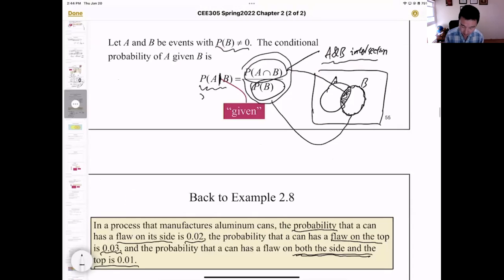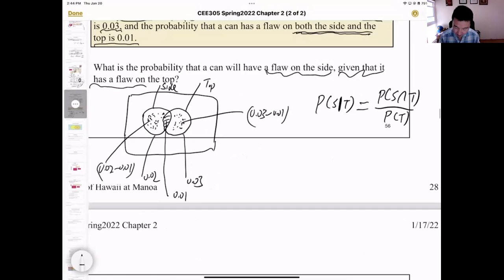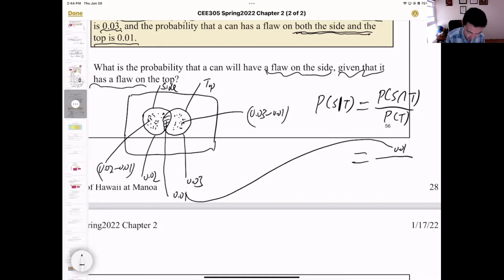So we use the equation here. P(S and T) will be the intersection, here, 0.01. And PT will be this part, 0.03. So that's conditional probability. Given that it has a flaw on the top means we limited the situation within that circle, which has a flaw on the top. We know that already. That's a condition.